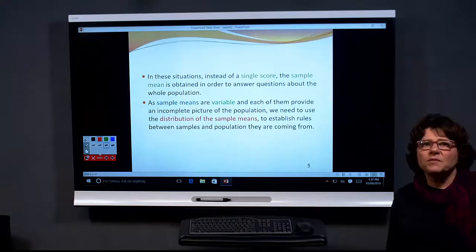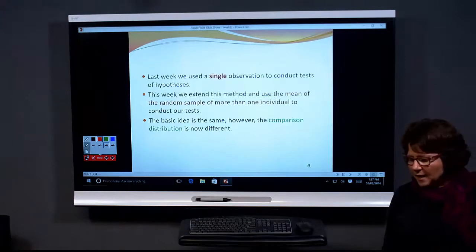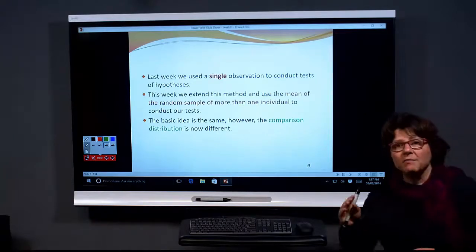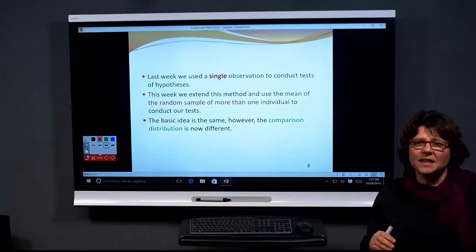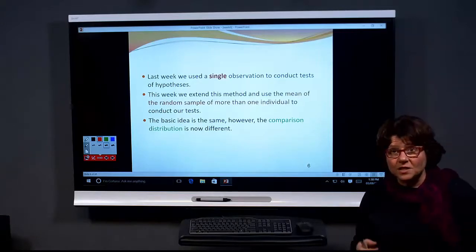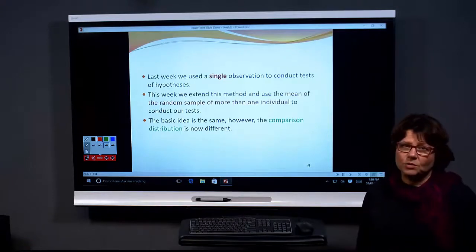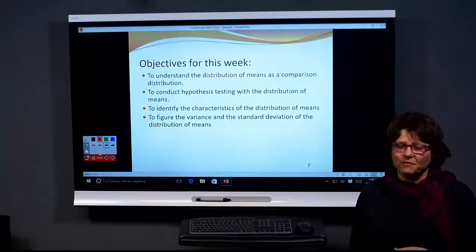The rules between samples and populations should be discussed. When we do all the steps of hypothesis testing, everything is the same when we have a sample of size n instead of size 1, only the comparison distribution is different.